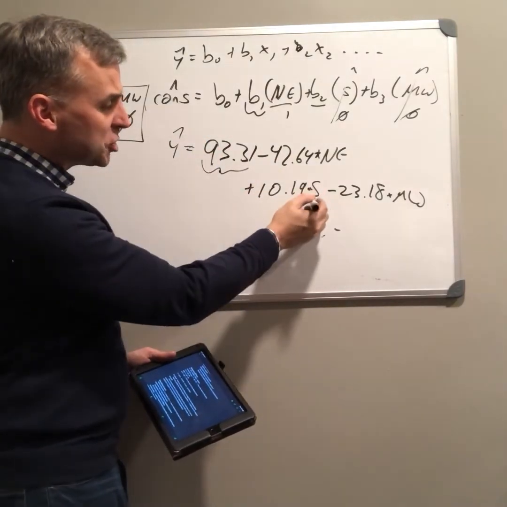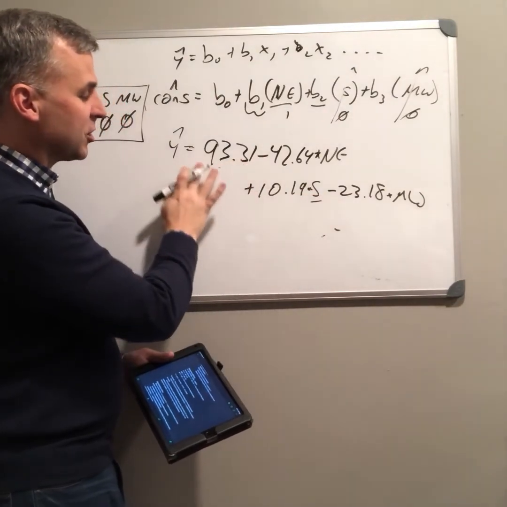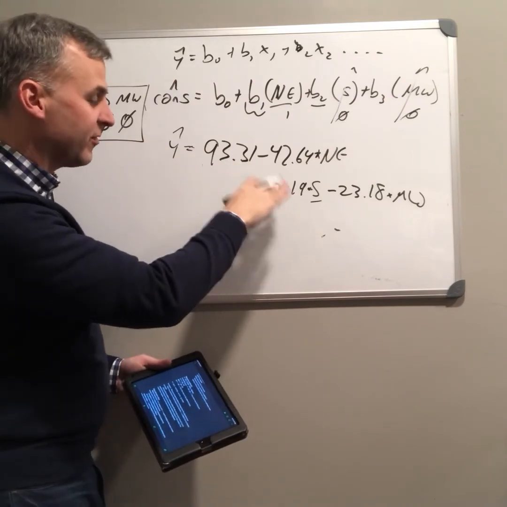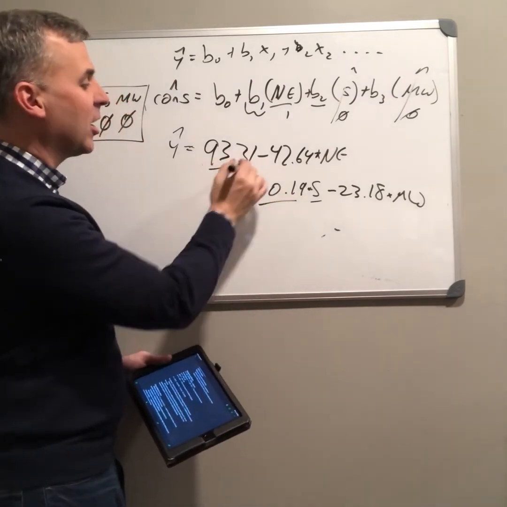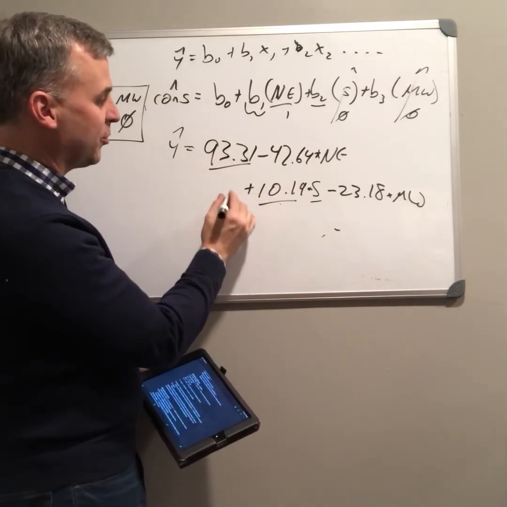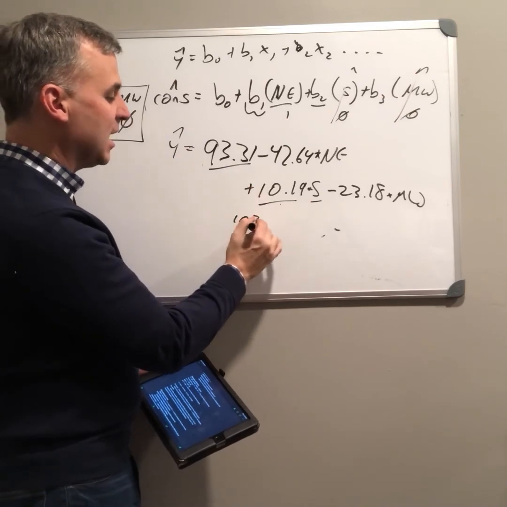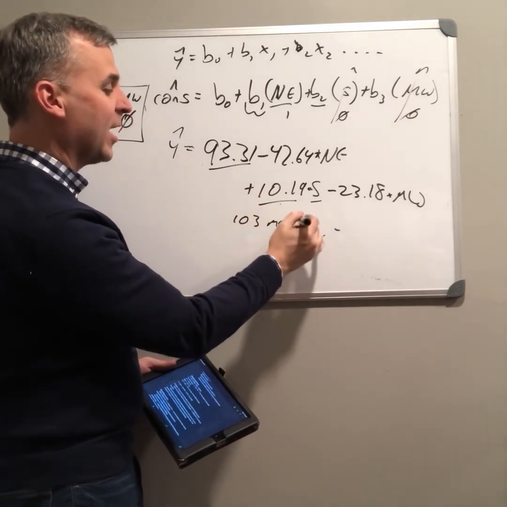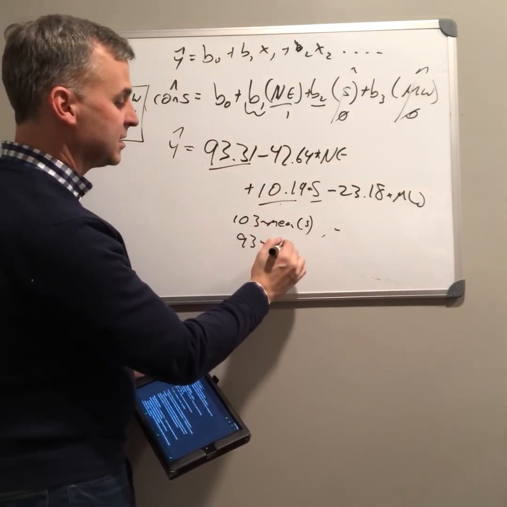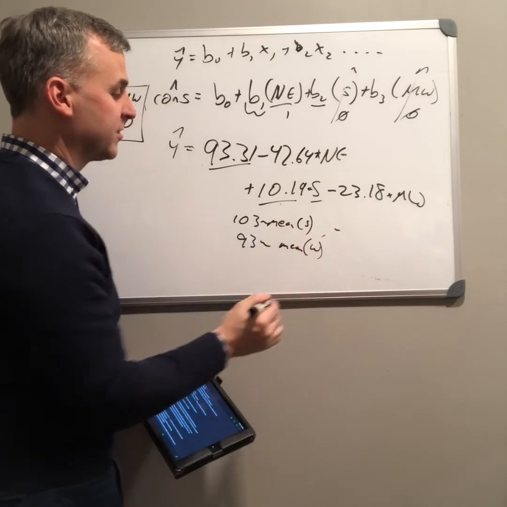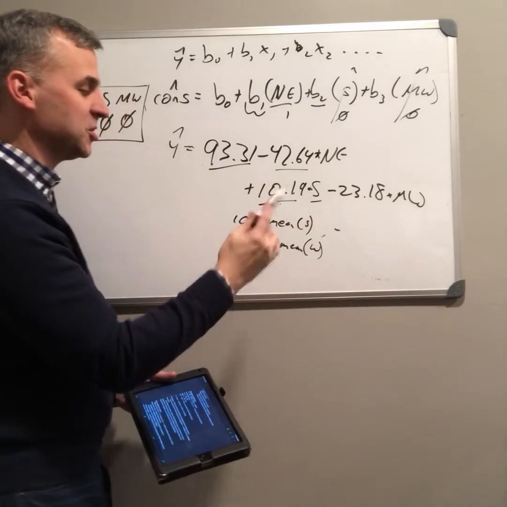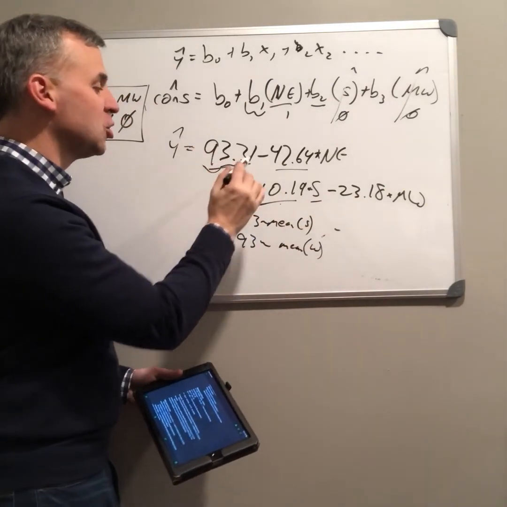Likewise, we could interpret being from the South: the average of their conservative values is actually higher than our reference group. So it's the reference group plus this, so it's 103 point something is our mean conservative value for the southern group, as opposed to 93 point something is our mean conservative value for being from the West. So again, when we interpret our regression coefficients here, it's always in reference to our reference value.